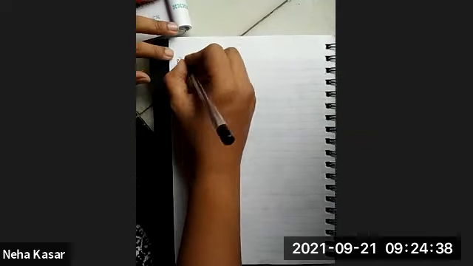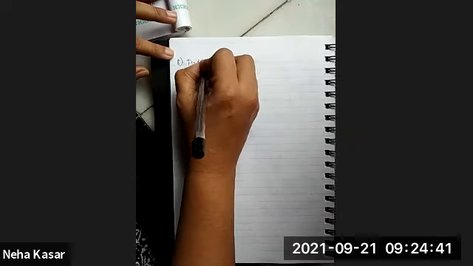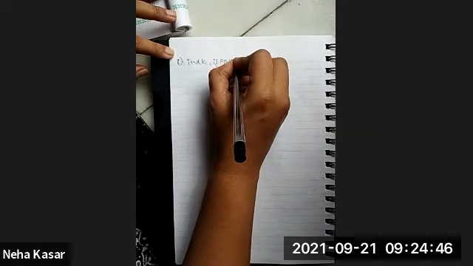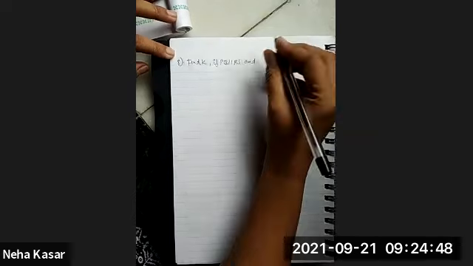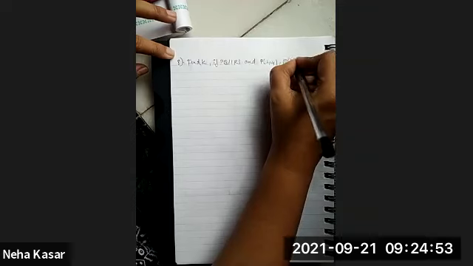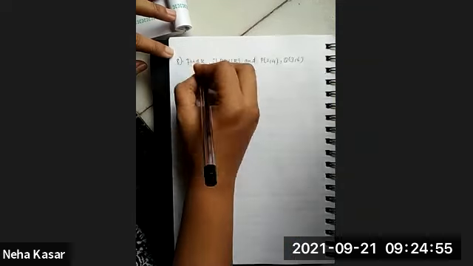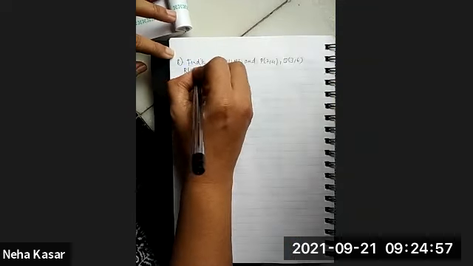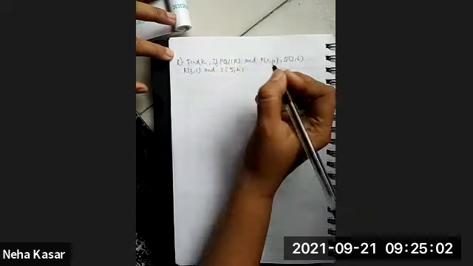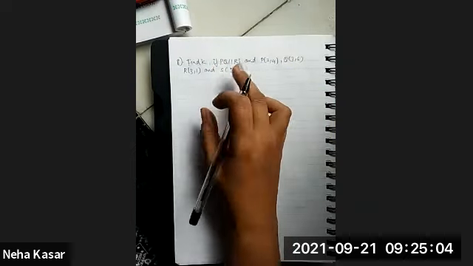So I will write the question. So find the value of k if PQ is parallel to RS.